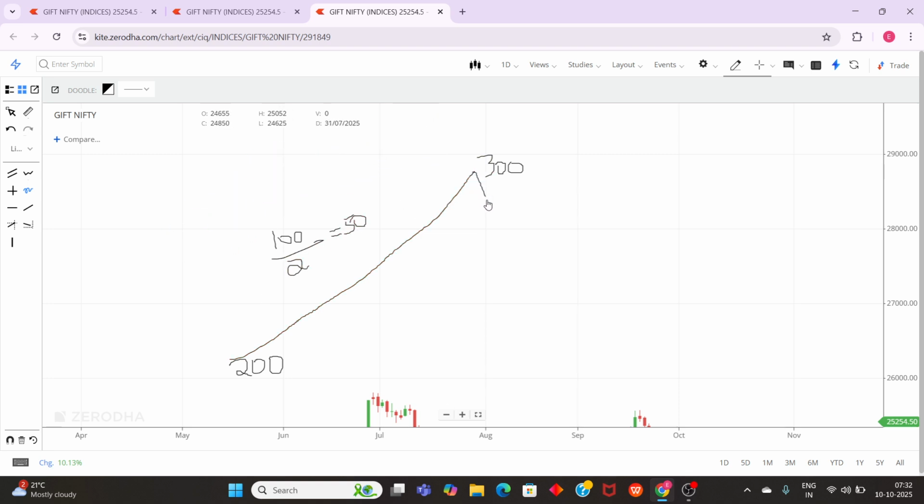That is 250. You will be marking the 250 level. This is the buying price, that's where you will buy the stock at the 250 level, and you will be aiming for the same 100 points, which is 250 plus 100, which is 350.